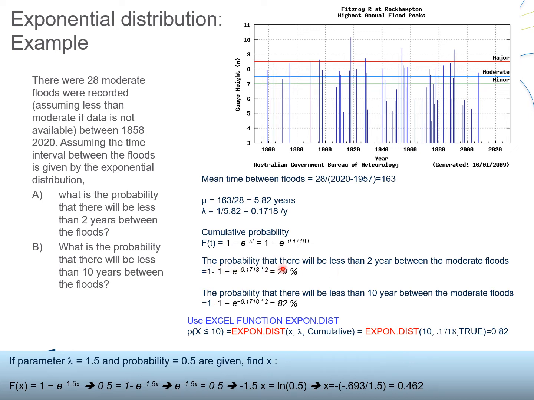The probability that there will be less than 2 years between the moderate floods, you just put t equals 2, and it shows 29%. What about 10 years? The probability that there will be less than 10 years between the moderate floods is 82%. So there is an 82% chance that there will be less than 10 years between the moderate floods.